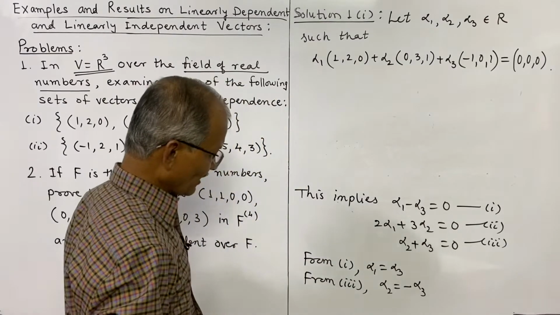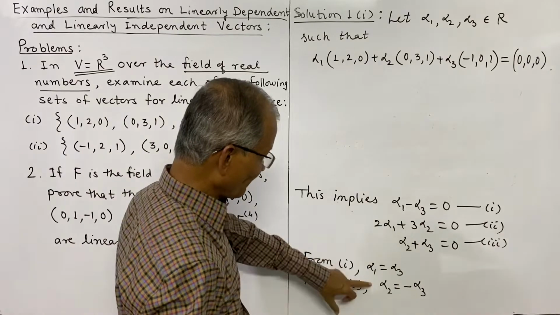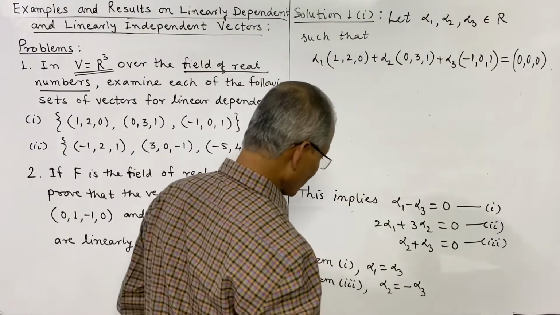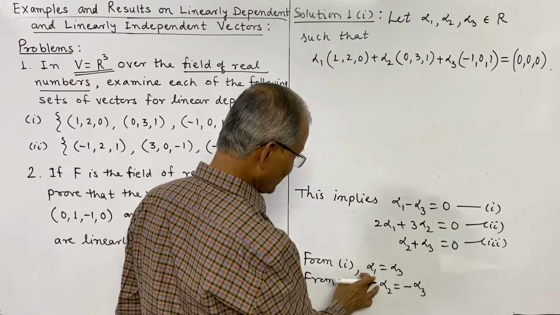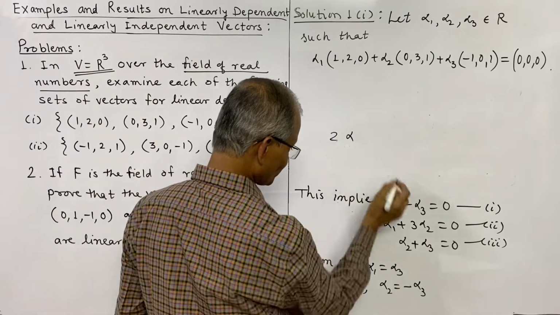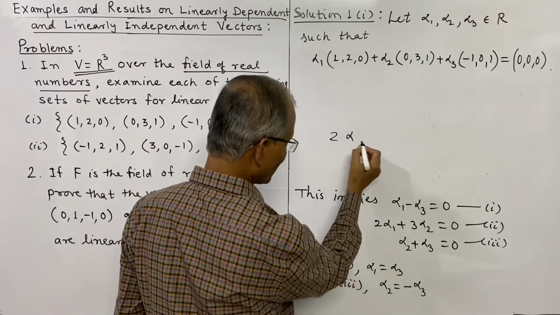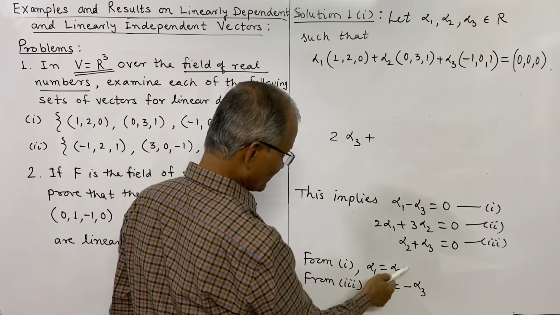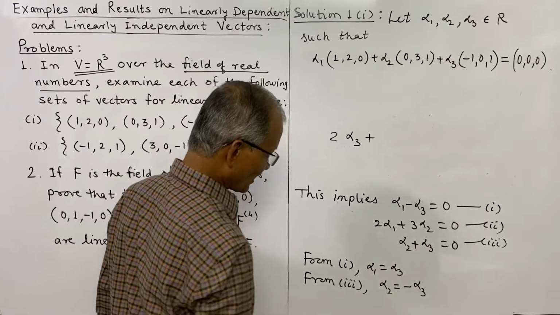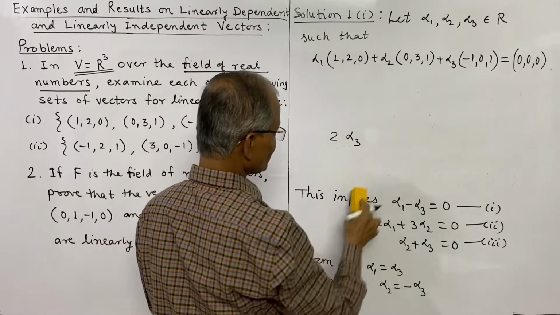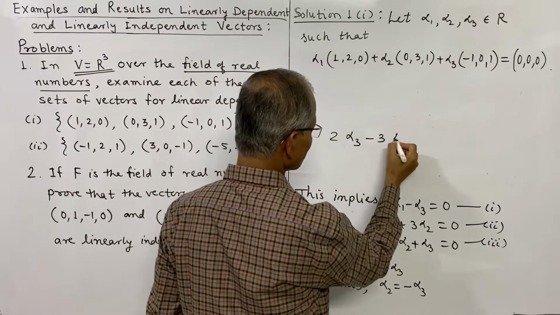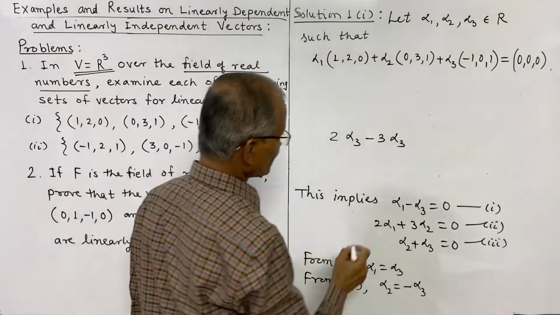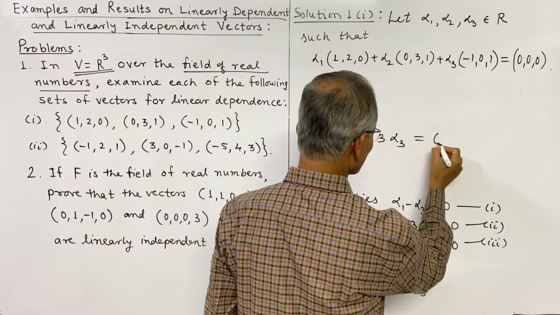And again, if you put this value of alpha 1 and alpha 2 in the second, what the second gives, that is 2 alpha 1 means 2 alpha 3, alpha 1 is alpha 3, and plus, now what about this, 3 times minus alpha 3, 3 times alpha 3, and that is equal to 0.